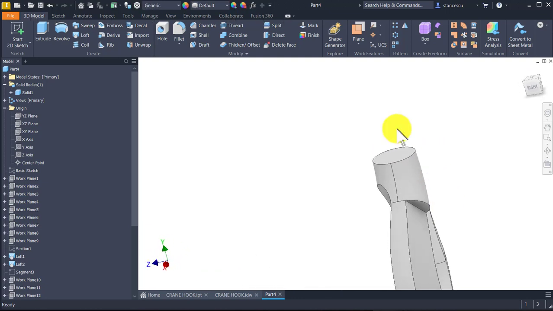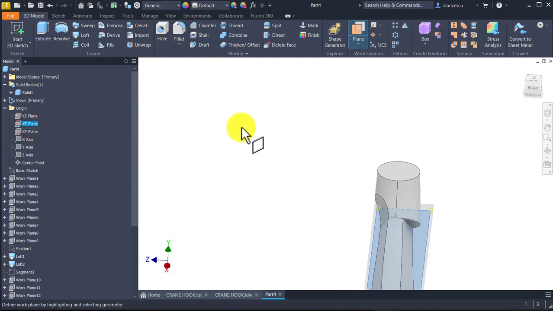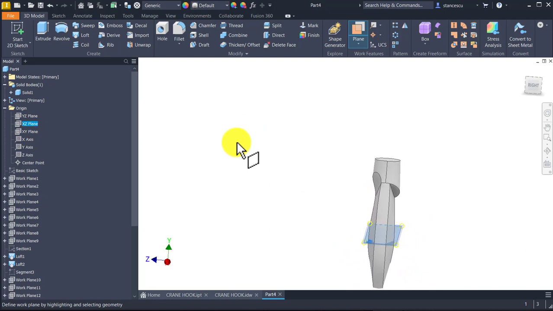Now I apply mirror above the plane XY. This is the plane for now.